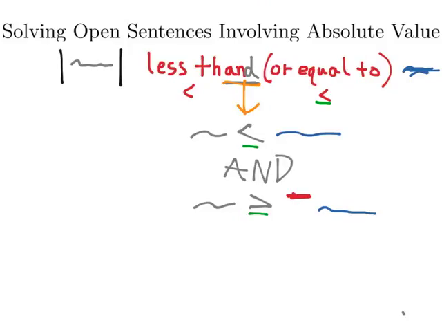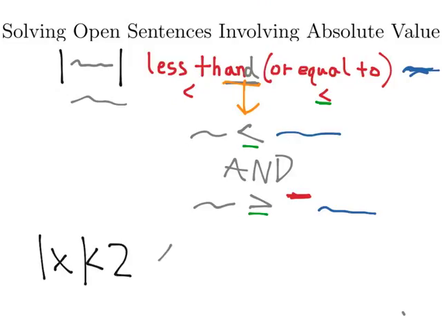So if you look at this, when an absolute value of some stuff is less than some other stuff, it could also be equal to, I'll just ignore that for now, that means that it's either less than the stuff and it's greater than negative that stuff. Let's say the absolute value of x is less than 2.